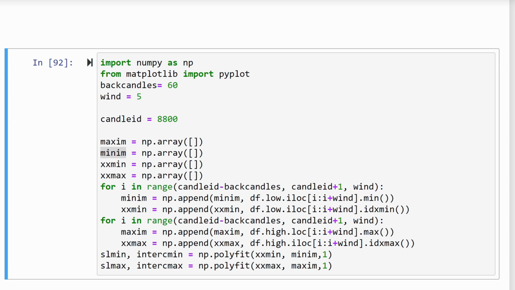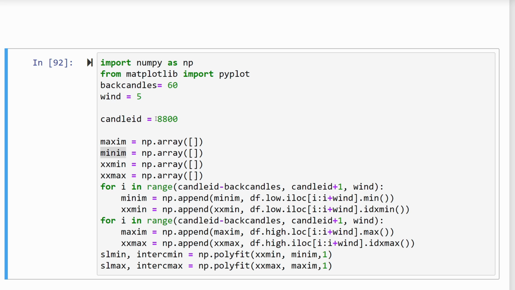So now we can start by searching for the maxima and the minima within the time window defined by the back candles variable. In other words, here we are going to check for the maxima and the minima points within 60 candles before the candle ID, which is the present candle I'm interested in.